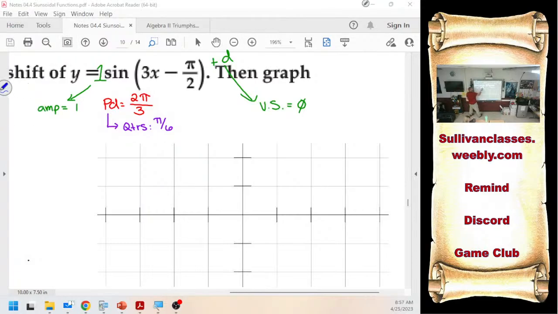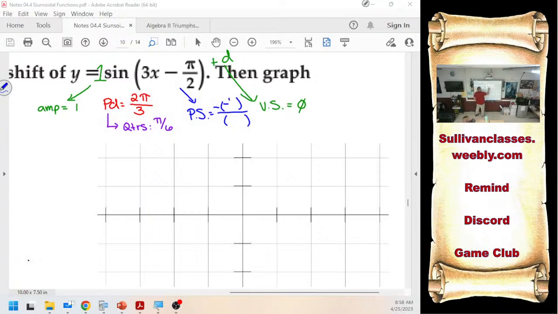Phase shift. The phase shift is negative c over b. What is c? Negative pi over 2, because the form of this is bx plus c.